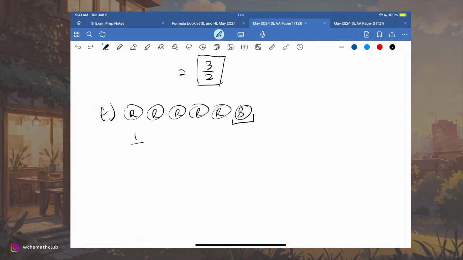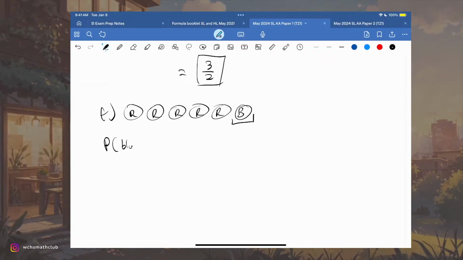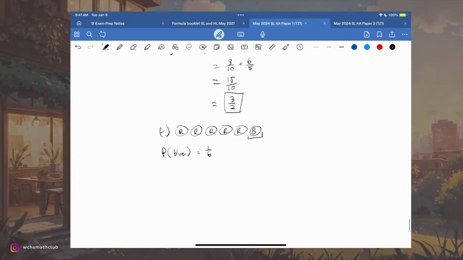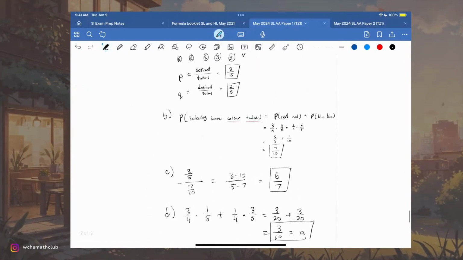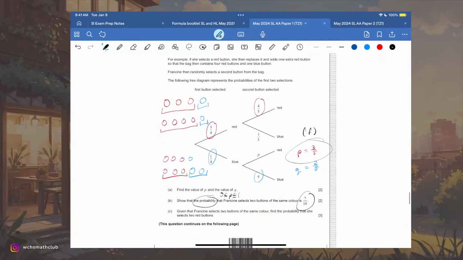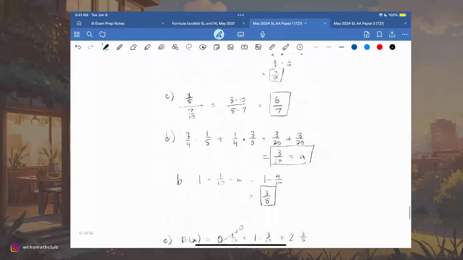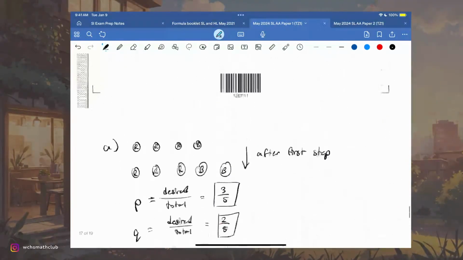So of course, we want to communicate this because we want to show all work. So probability of blue, in this case, is equal to 1 over 6. And then afterwards, we would take 1 over 6 times the probability of even getting to this case in the first place. So we derived this earlier as being P equals 3 over 5. Now we just do probability desired.